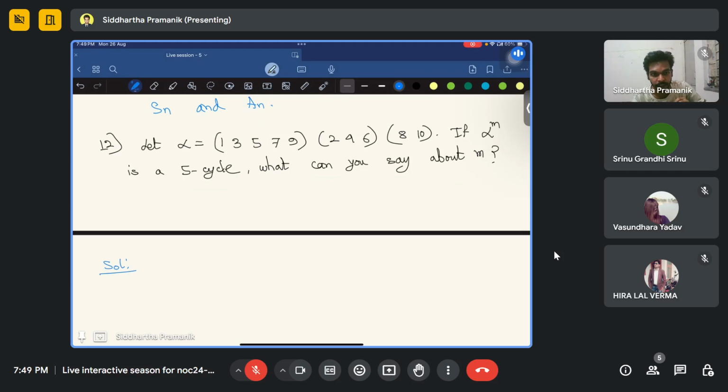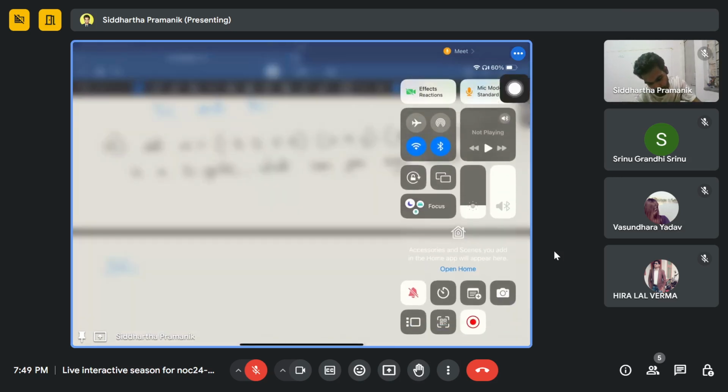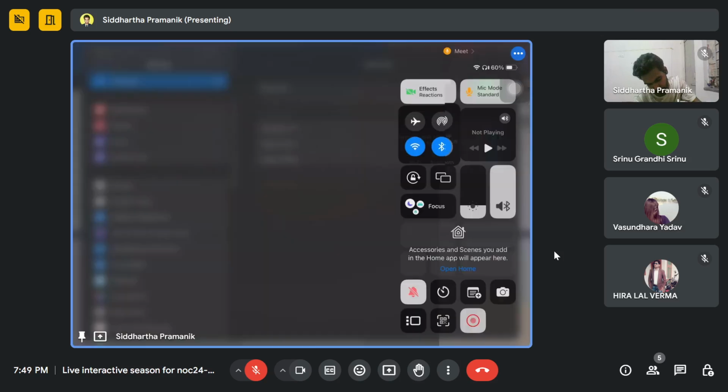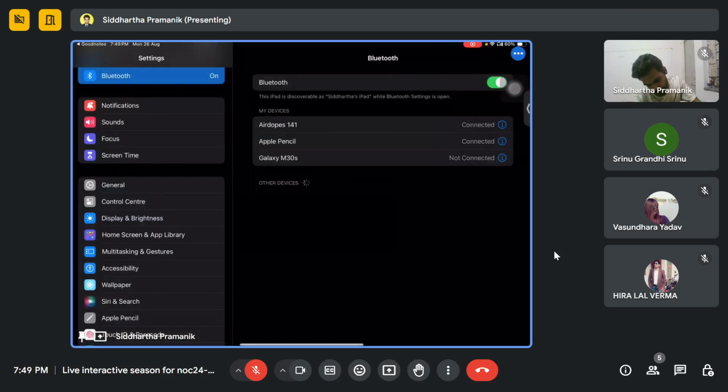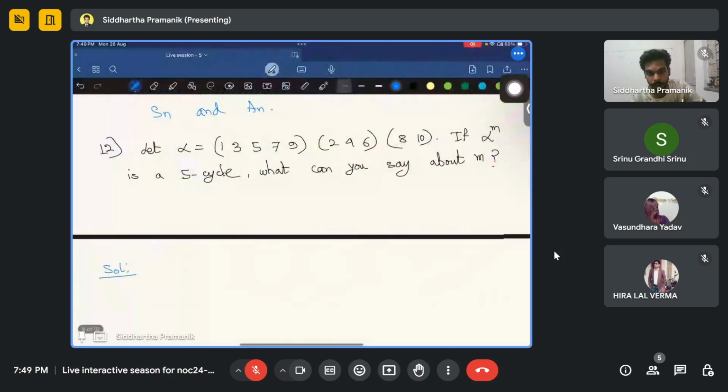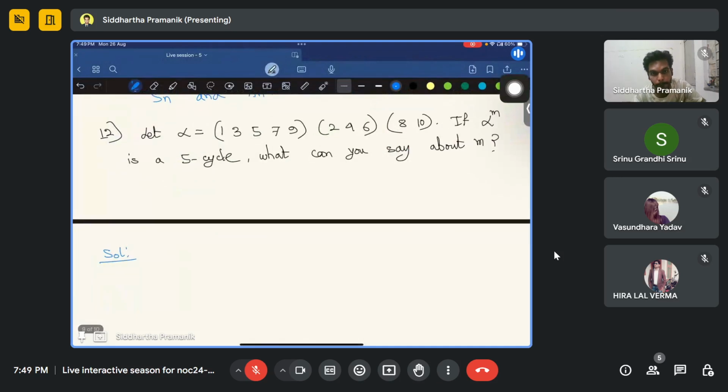Do you have any idea how to approach this?